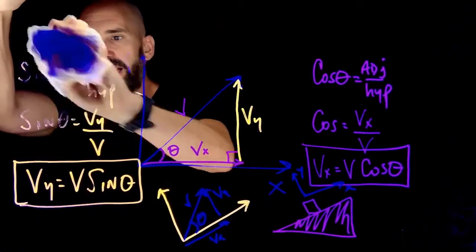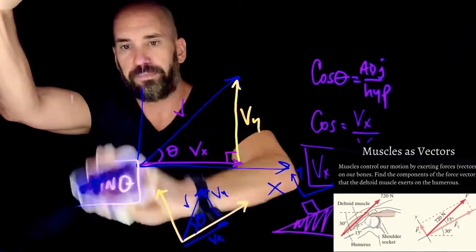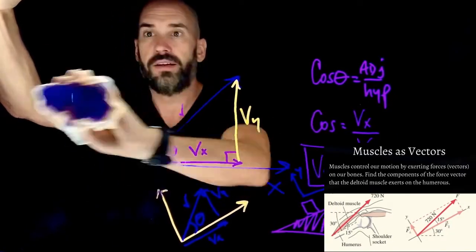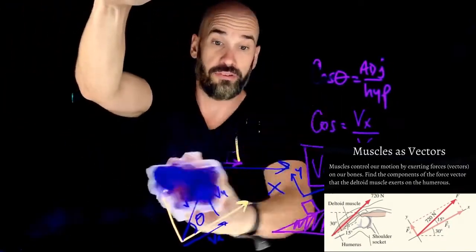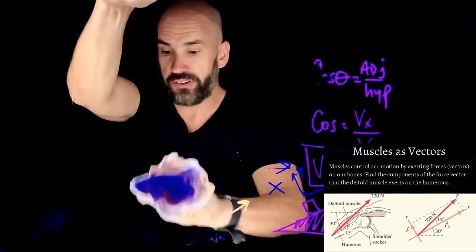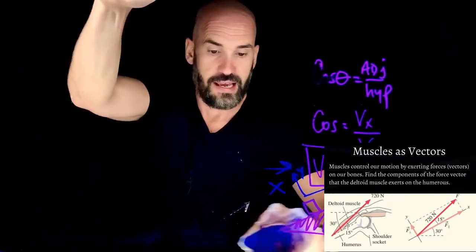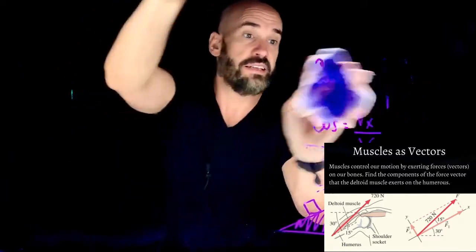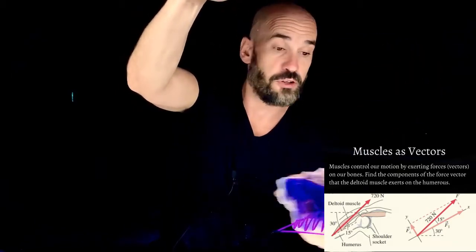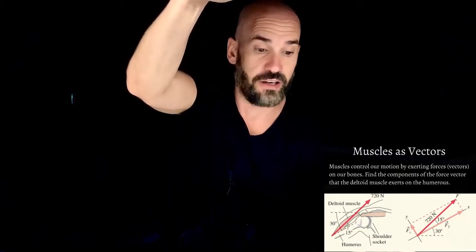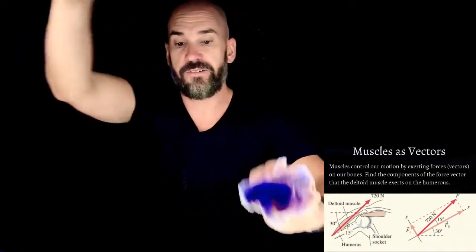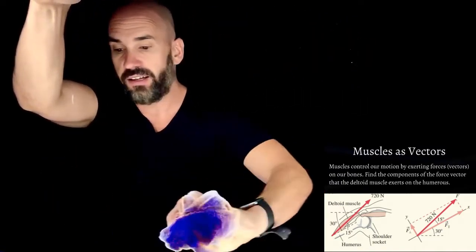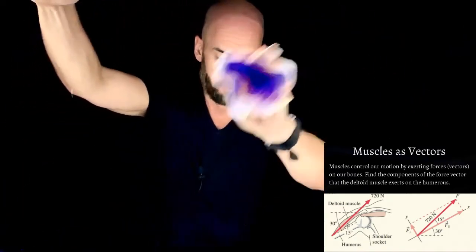So here's what's going on here. We have a deltoid muscle applying a force on the humerus. And this is a classic thing, especially for you physical therapists out there, that you're going to have to explore. What is the effect that various muscles have on different bones in the body?